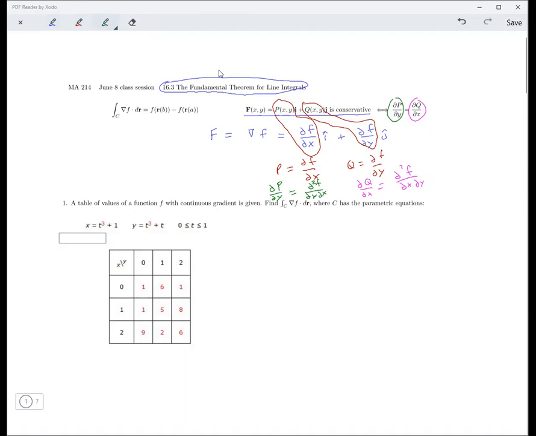And then the fundamental theorem for line integrals is this: if you have a conservative vector field, so by definition, the gradient of f, if you take the gradient, is going to be conservative.